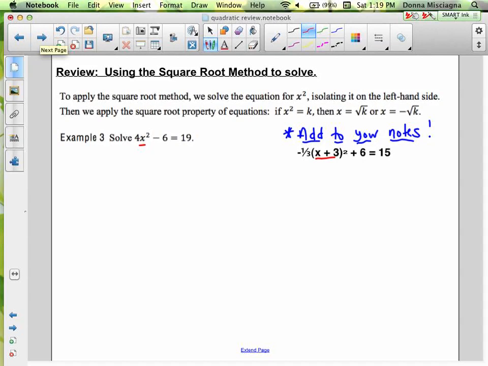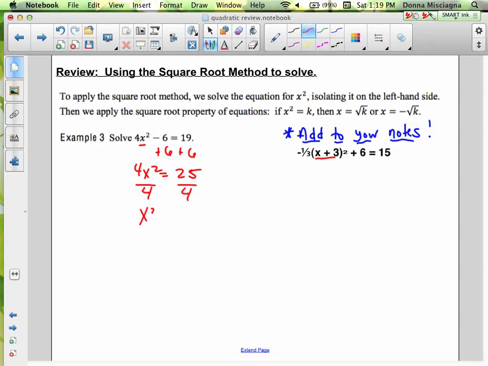So whatever is being squared, you want that to be isolated before you take a square root. So that means my first step is to add 6 to both sides, because it goes opposite of PEMDAS, so we do the addition and subtraction first. We add 6 to both sides. That gives us 4x squared equals 25. Divide both sides by 4.